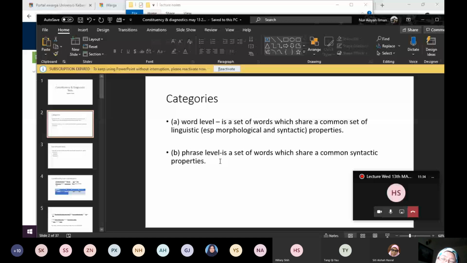So for example, if it's a noun phrase, there must be a noun head. So a noun head is the element which has the nominal properties. You cannot have a noun phrase which has just the verb or just the adjective. Then it is not a noun phrase, it is a verb phrase or an adjective phrase. So phrase level is that. All right.